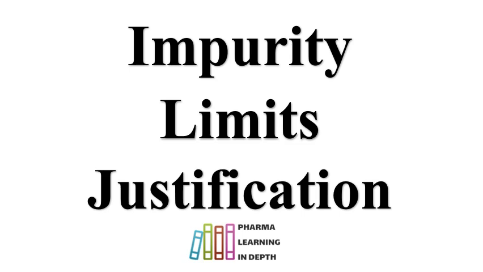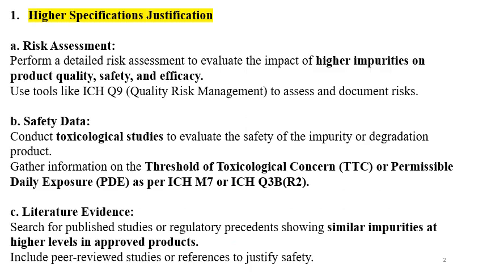So, how to justify the higher specification limits is the aim of this video or objective of this video. Let's start with some basic informations. How to justify higher specification limits for the impurities.